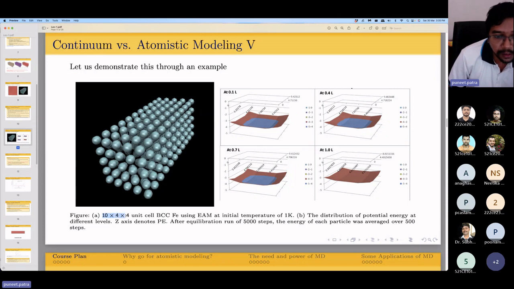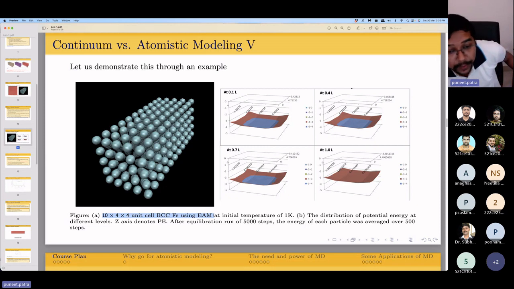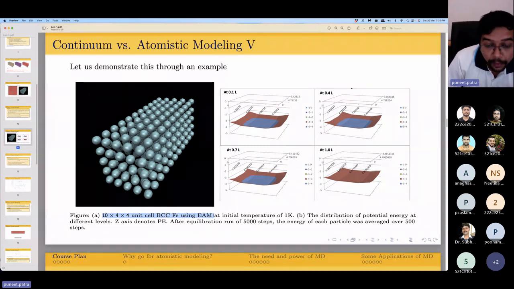It has only 160 atoms of iron, and it has been simulated using what is known as EAM potential. For those who are interested, I can recommend a book which details in much more depth what the different kinds of potentials are. But the crux that I want you to take from this slide is that the potential energy changes as one approaches any of the surfaces.